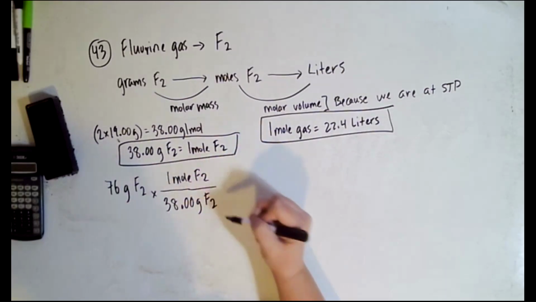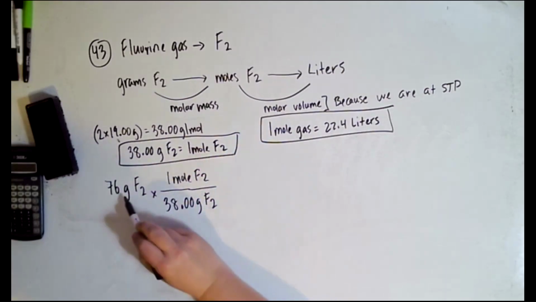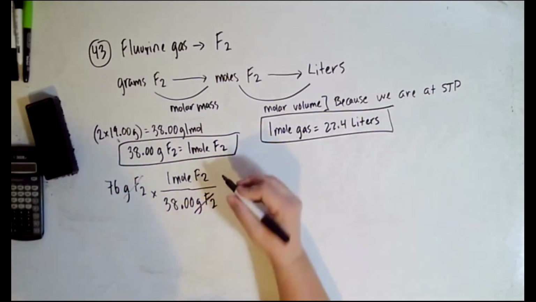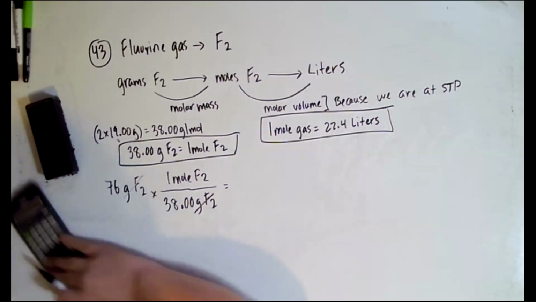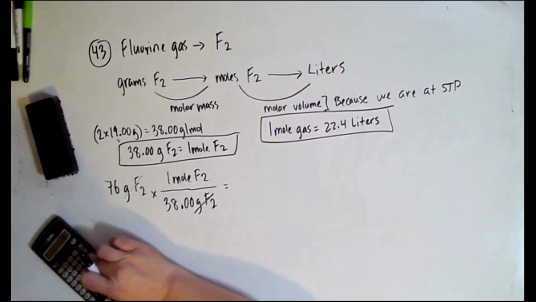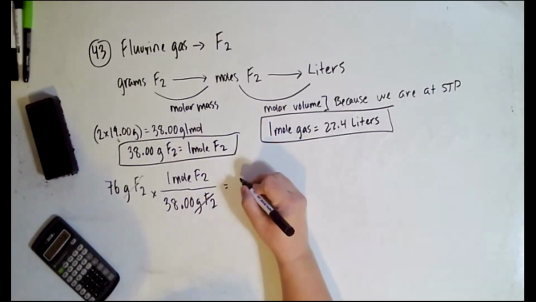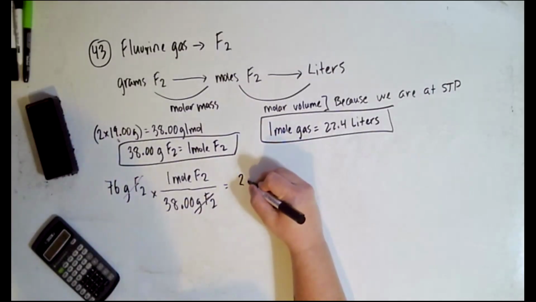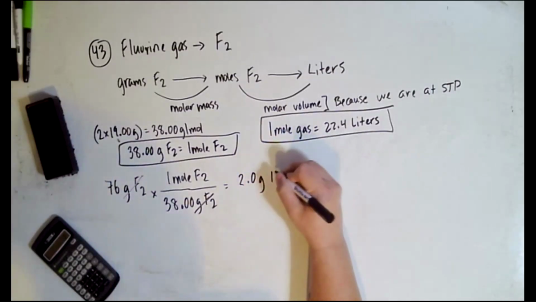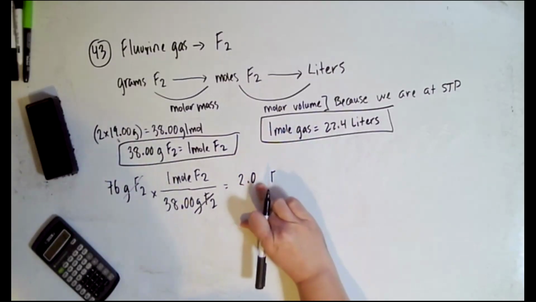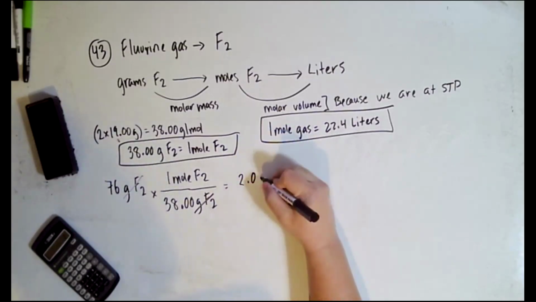When we do this setup with the molar mass, we know the grams go on the bottom because the gram unit is what we're given to start with. So 76 divided by 38 is just going to be 2. And the unit is going to be moles, not grams.